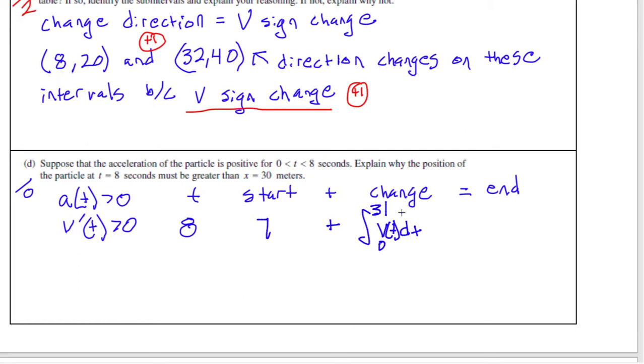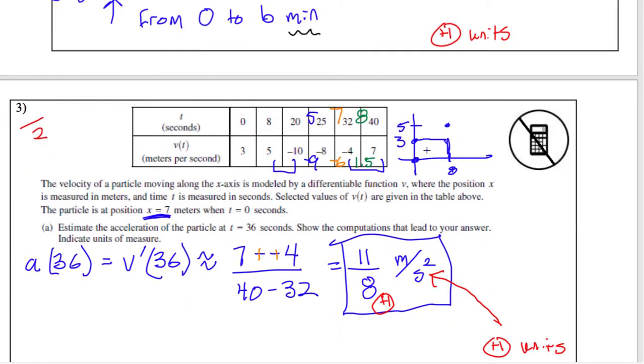The worst case scenario for this integral between 0 and 8, why did I say 0 and 31? Sorry about that, 0 and 8. This thing has to be bigger than that worst case scenario. The worst case scenario was 3 times 8, which is 24. The area of this block was 24.